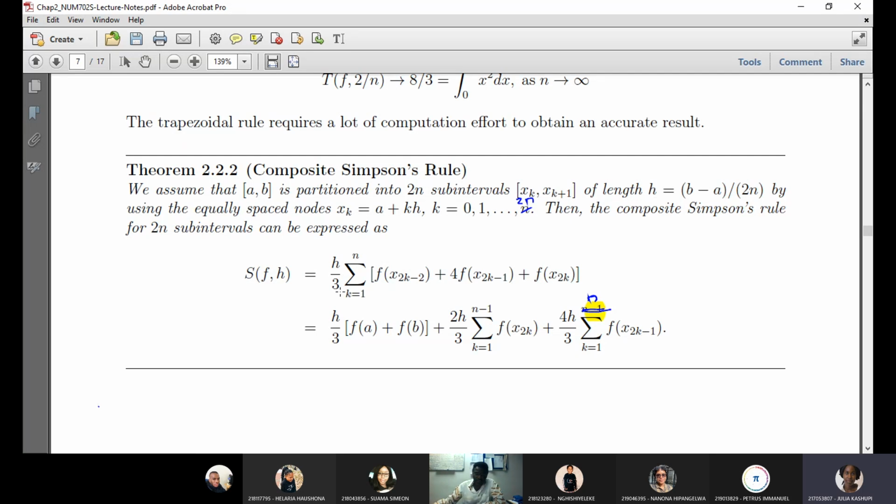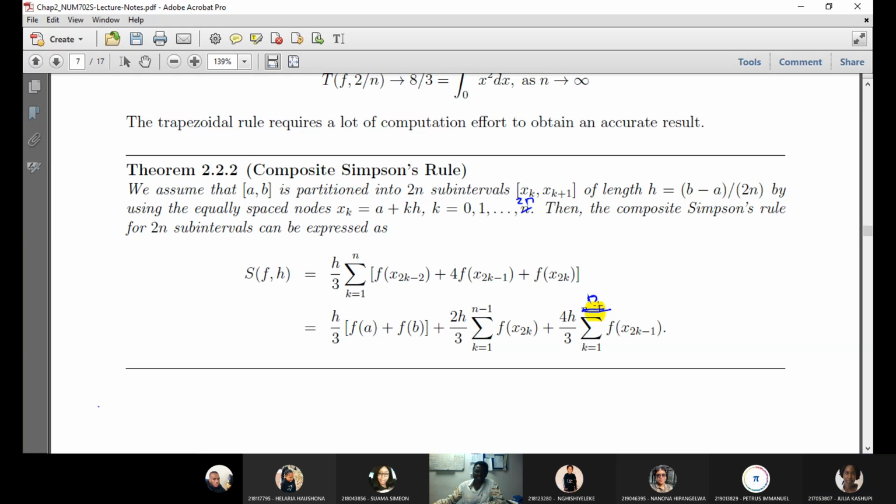Yeah, you can see that I want to confirm for the odd subscript, that part you sum from 1 to n minus 1, and you have a factor of 2 here. Whereas for the even subscript. And now for odd subscript, that is 2k minus 1, the factor is 4h by 3, and you sum from 1 to n.